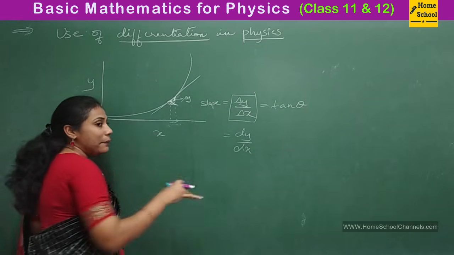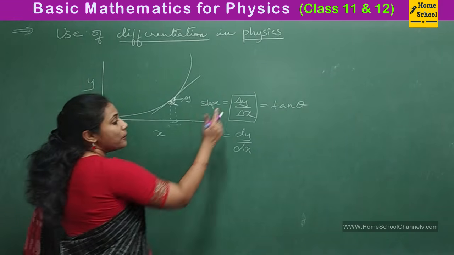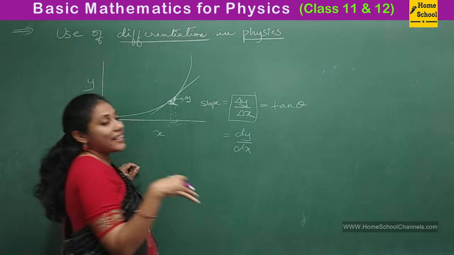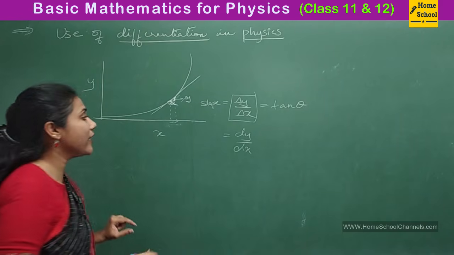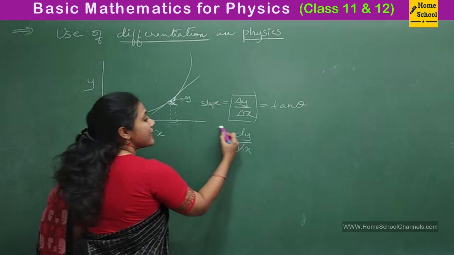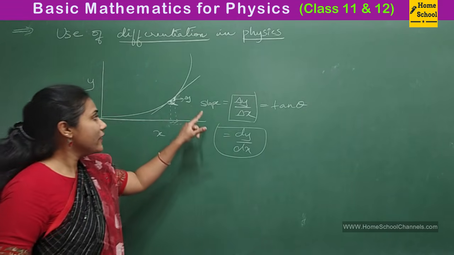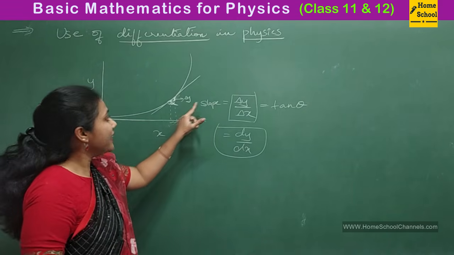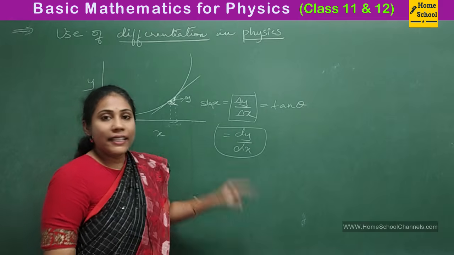Delta means large difference, whereas the moment you write small d, it means that small difference. So this particular concept we can express in the form of differentiation, right? So we can write the slope as dy by dx.